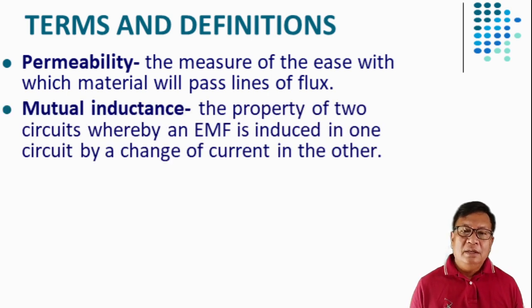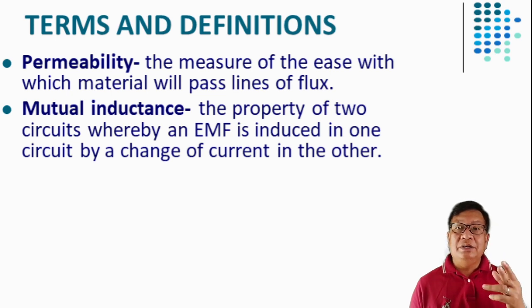Earlier we talked about self-inductance. Here we also have mutual inductance. This is the property of two circuits, where the EMF, the electromotive force induced in one circuit, is caused by a change of current in another circuit.